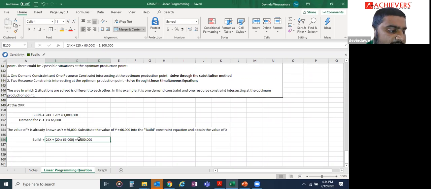Then it will solve and give you the value of x. How much are you getting? 20,000, right? So shift calc equals, shift calc equals.